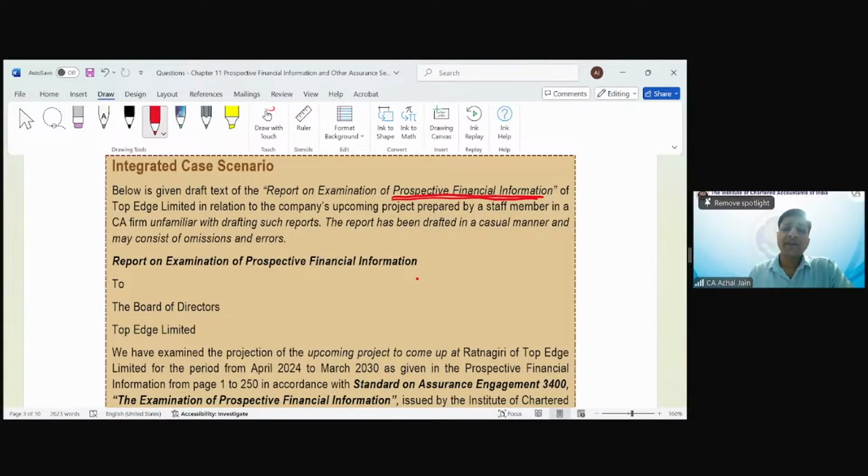The report has been drafted in a casual manner and may consist of omissions and errors. So I think you'll have to look at this report carefully because that is what you'll have to find out.